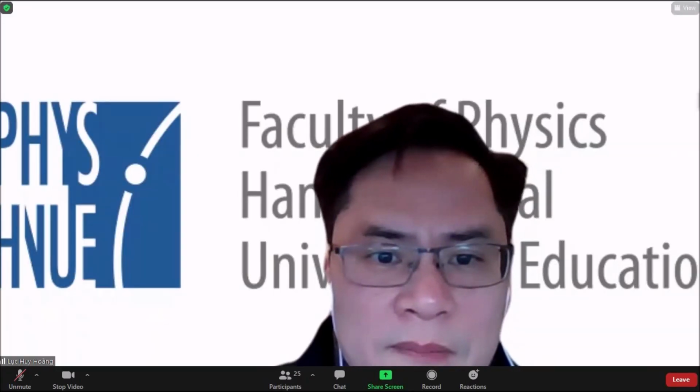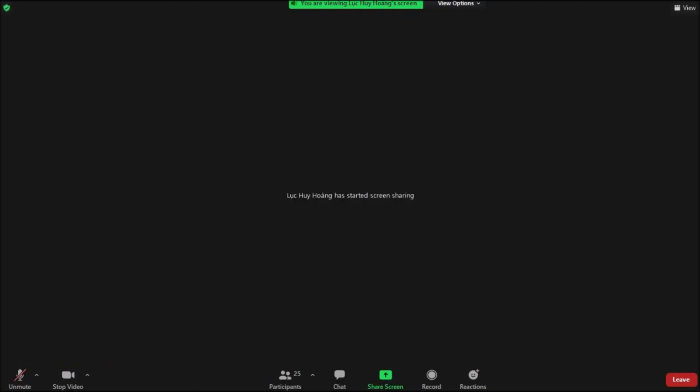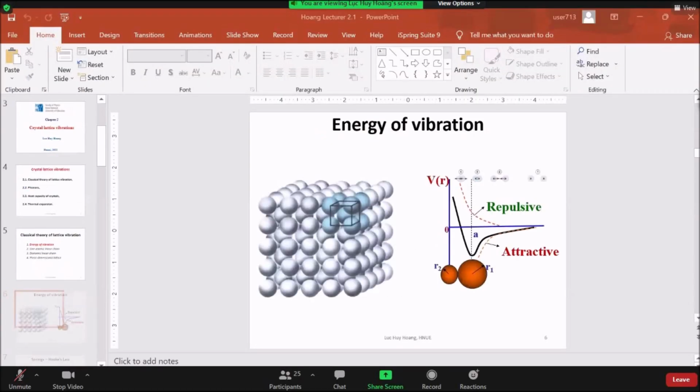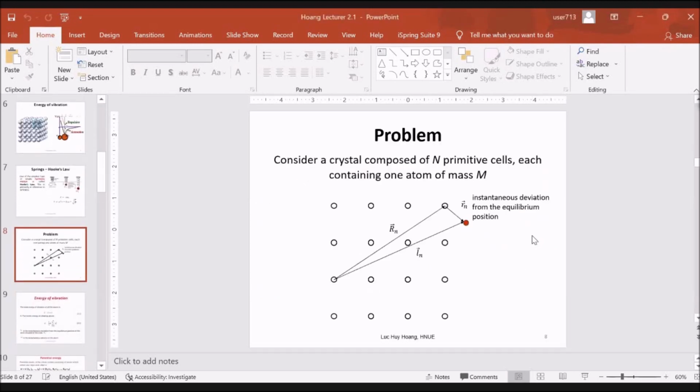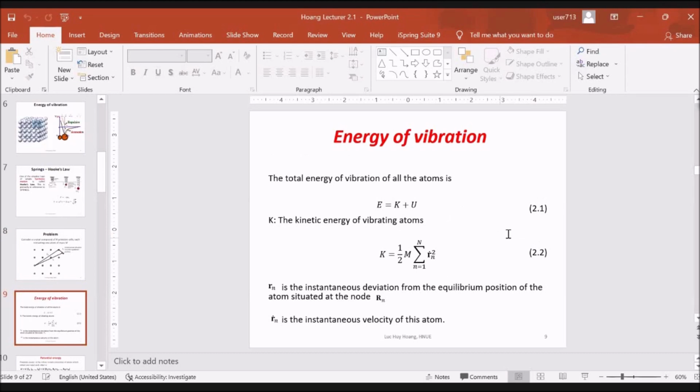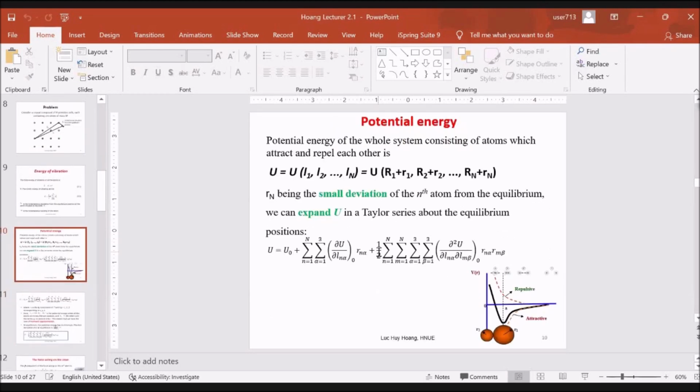Okay, so I just try to show you that we just consider two ways of vibration of the atom.